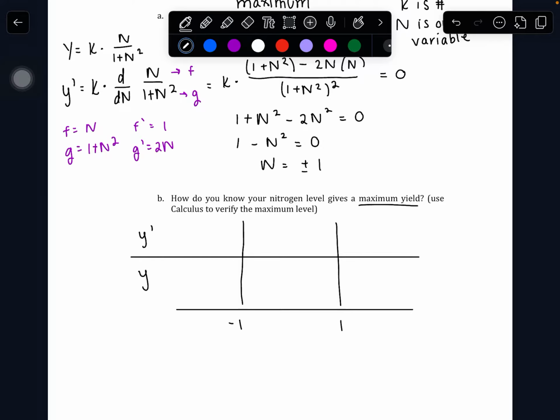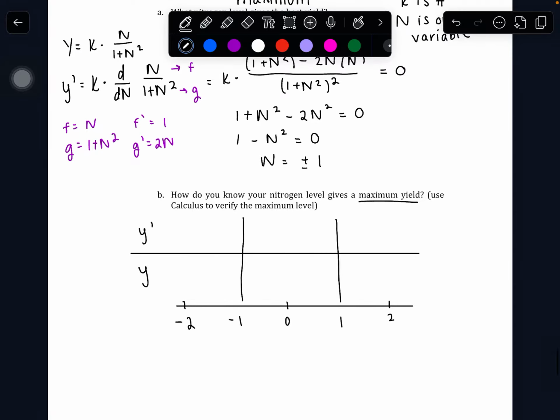Okay. So if I plug, let's do 0, 2, and -2. Our derivative was k times 1 minus n squared, over 1 plus n squared.